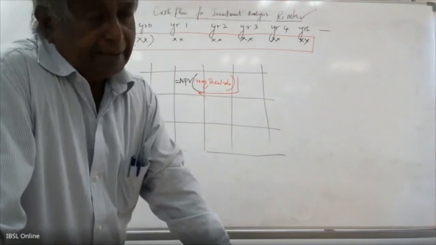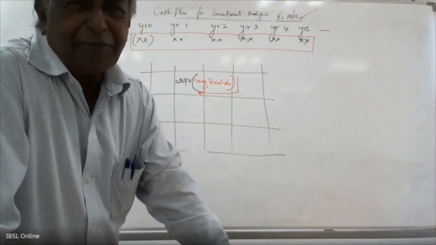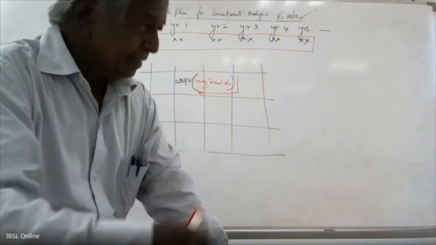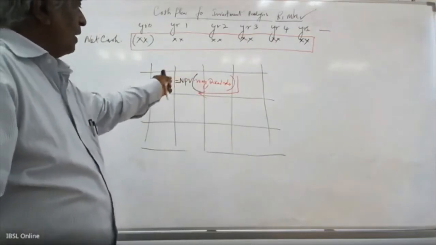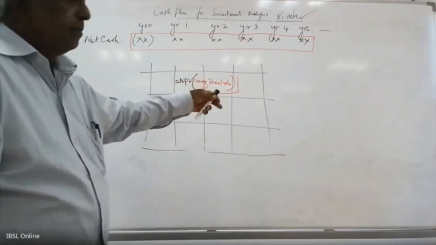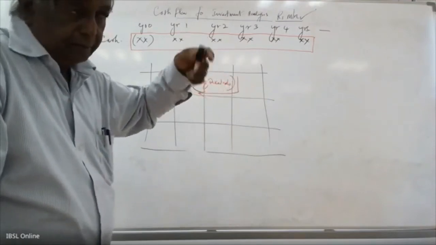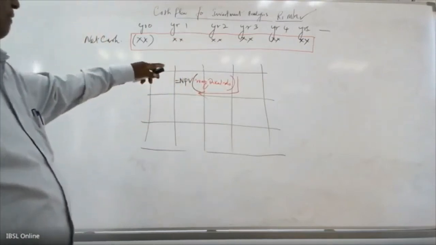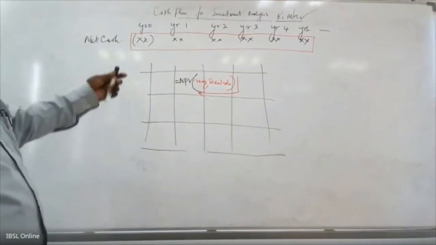Actually, the Excel spreadsheet has different versions. Every year they are changing, no? So this is there, but sometimes the order may change. This is one of them, and when they change, this may change.